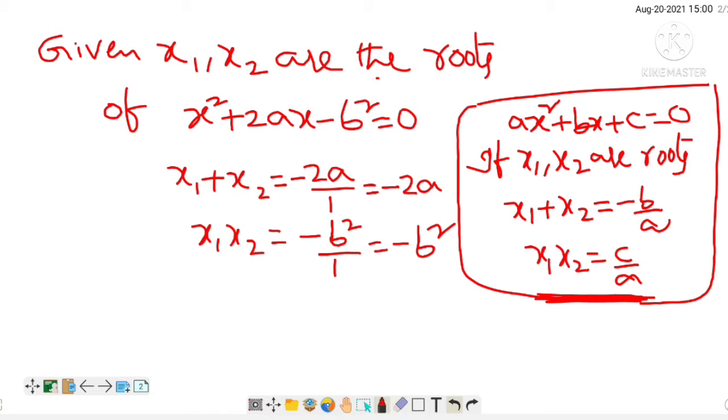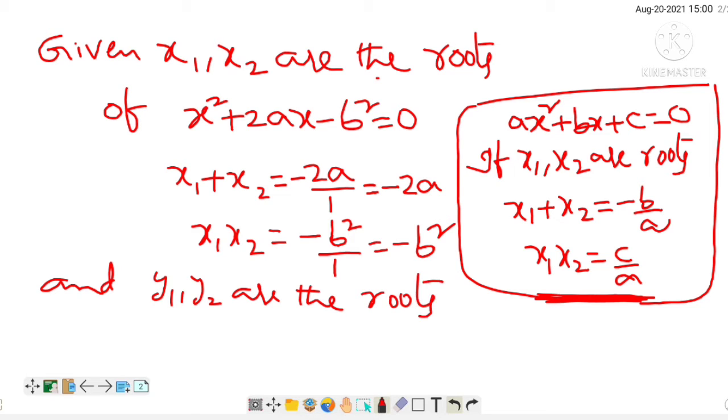And also given y1, y2 are the roots of y square plus 2py minus q square is equal to 0.